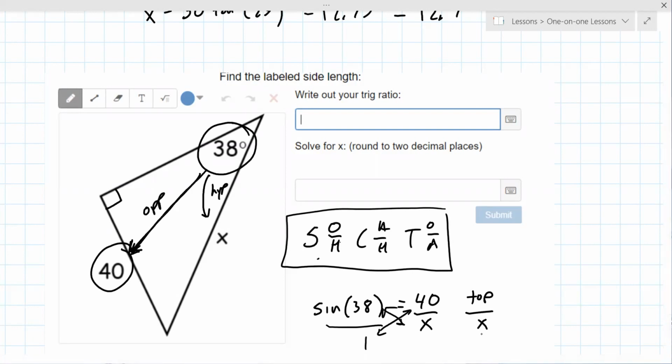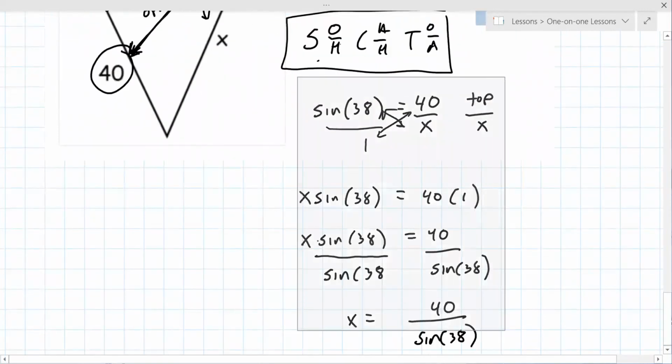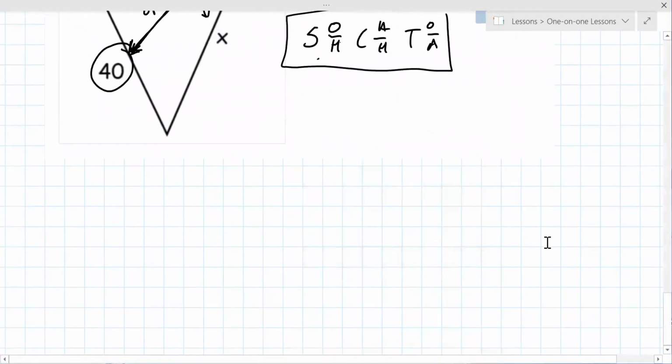Can you go over the cross multiply thing? What you did? Yeah. Let's just restart here and do these steps again. So the sine of 38 equals 40 over x. There are a lot of ways to do this, but really the best way is to cross multiply, meaning diagonally multiply.